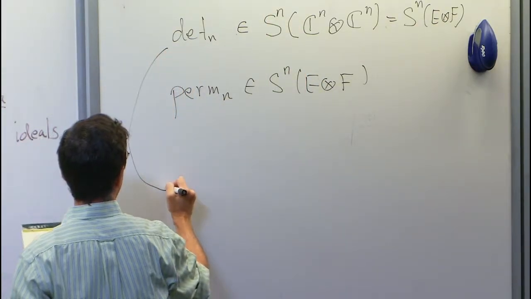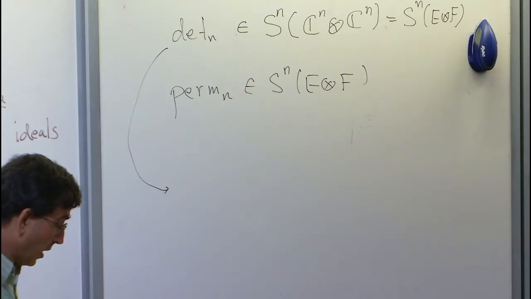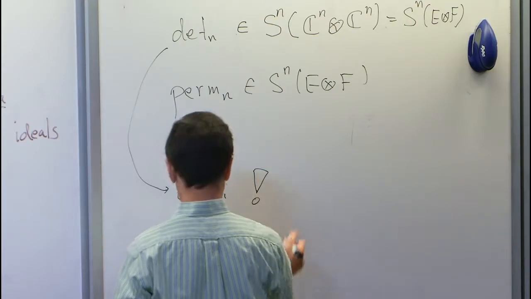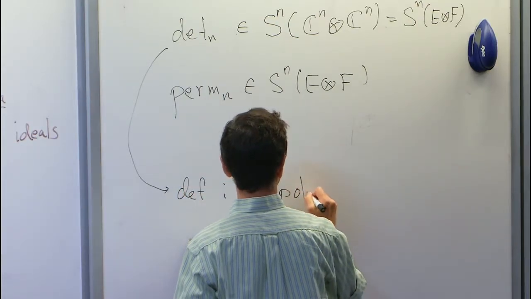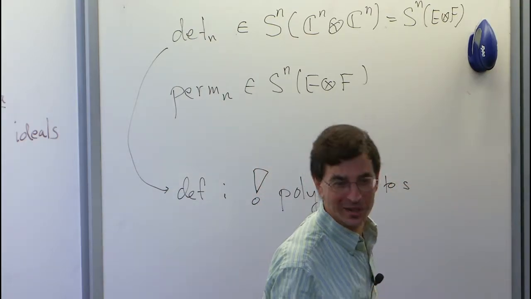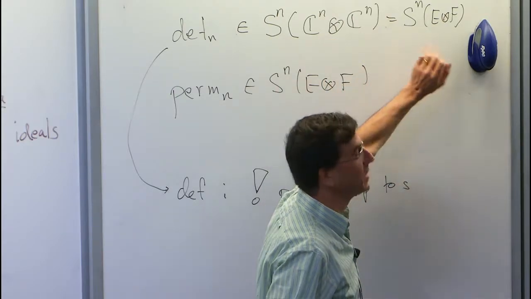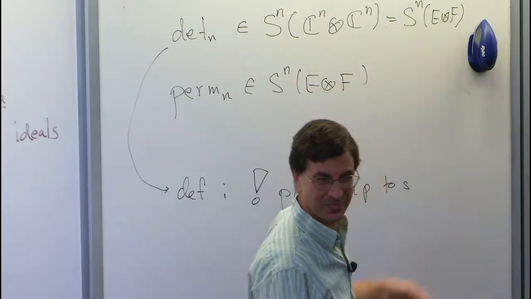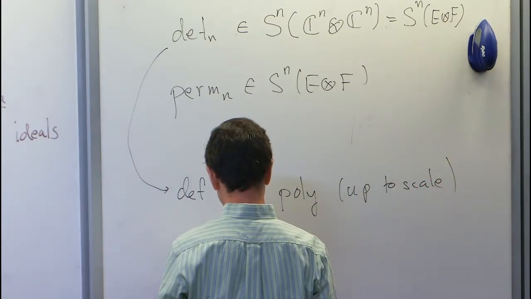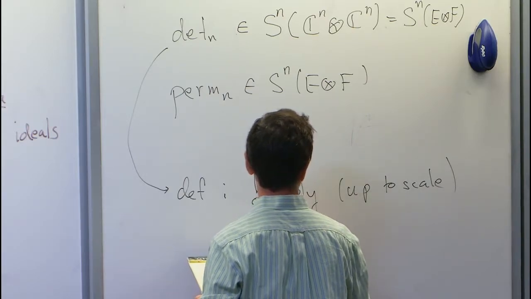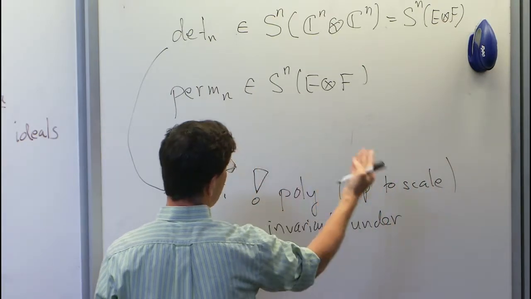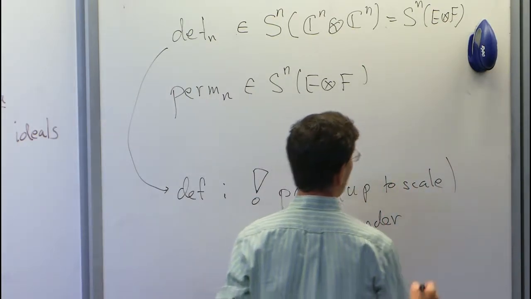And you can, if you like, and I like, define the determinant as the unique polynomial on E⊗F* invariant under left and right multiplication by matrices with determinant 1.